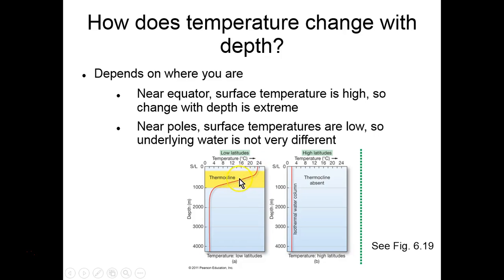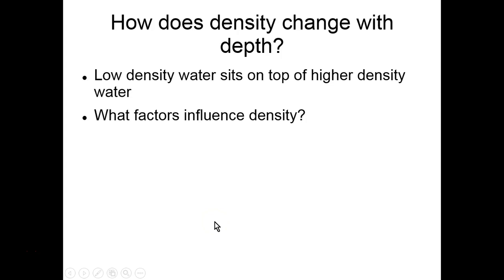As you go down in depth, it drastically decreases, and then it kind of levels out. Whereas over here at high latitudes, you have cold water at the surface and cold water down at the bottom, so you just have a straight line. There's no difference in the temperature from the surface down. Whereas at low latitudes, there's a very big difference in the temperature as you go from the surface down. So we end up with low density water sitting on top of higher density water.